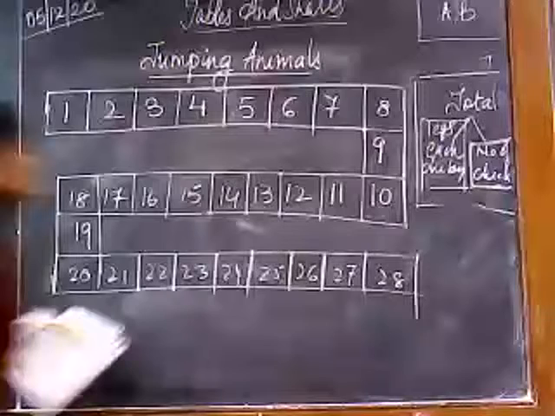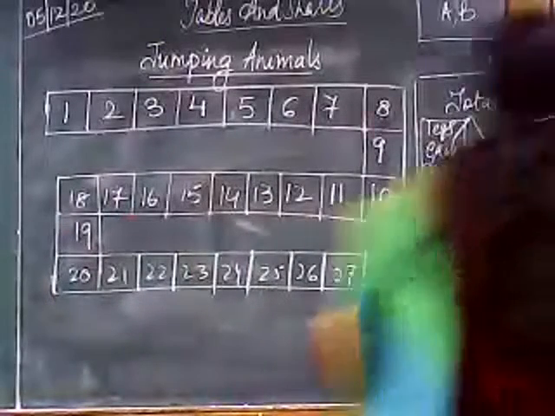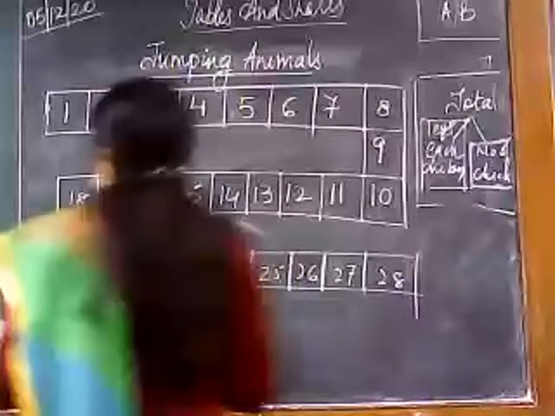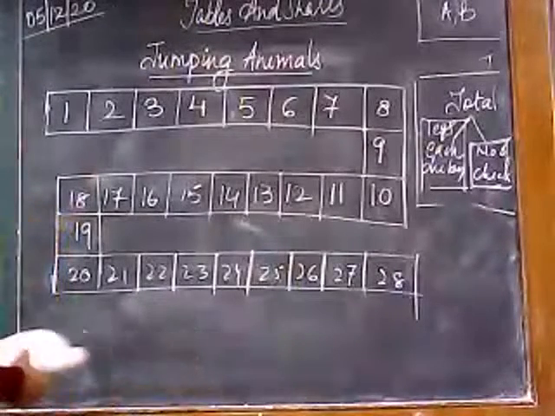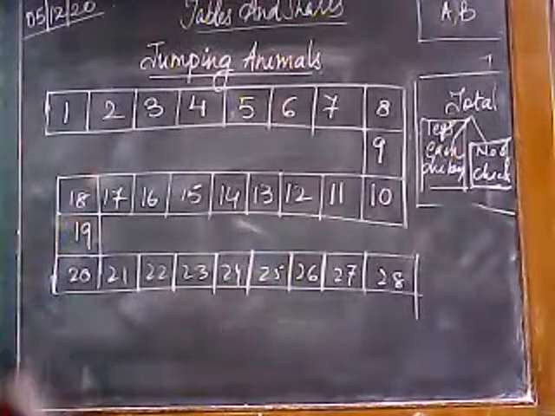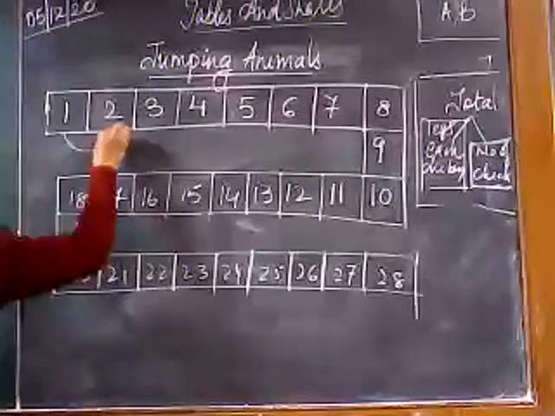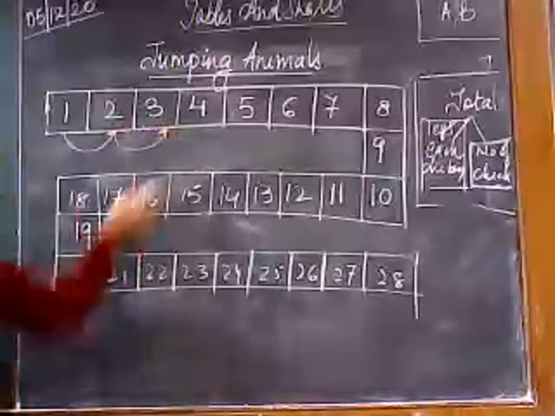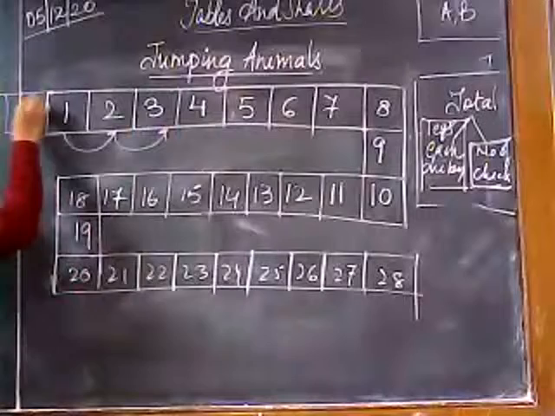Observe what I will be doing right now. There's a cat, a very old cat. Every time she is able to move, she takes just 3 steps. She's on the zero position.